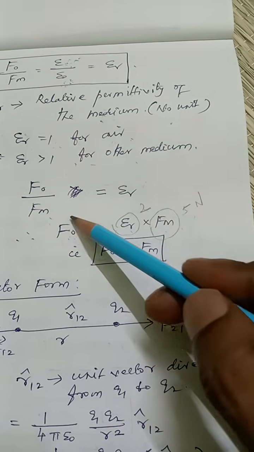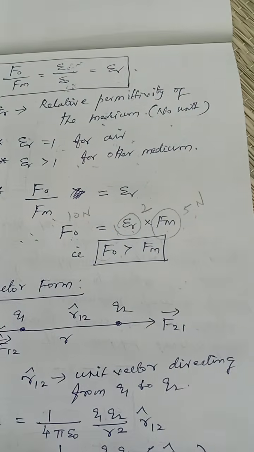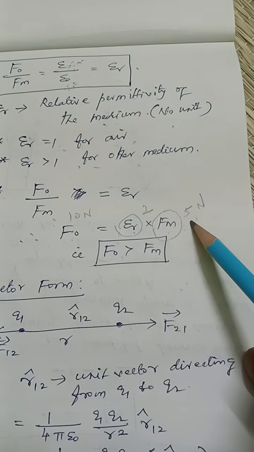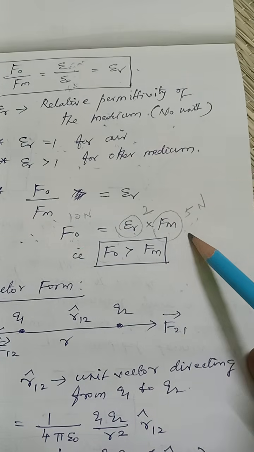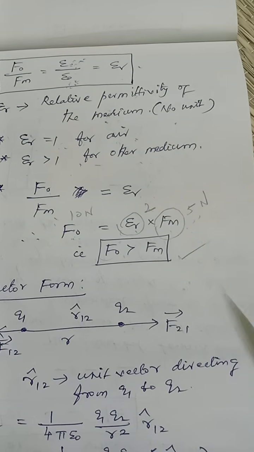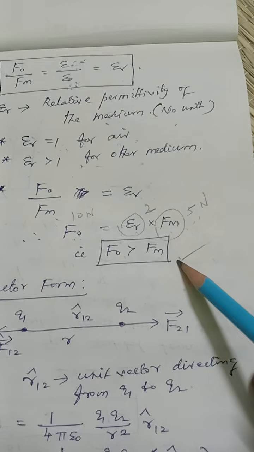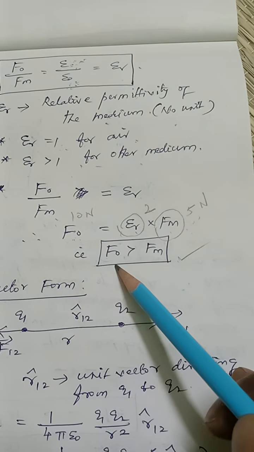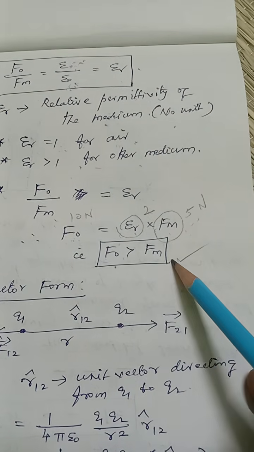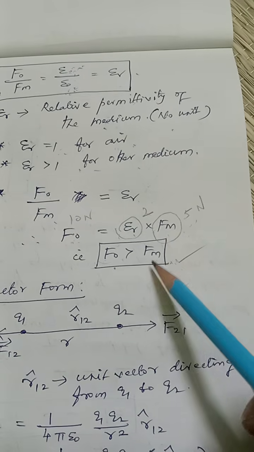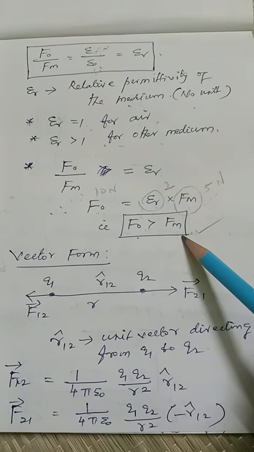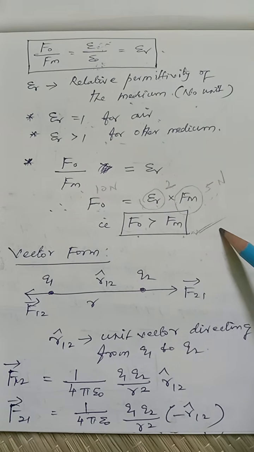It will be 10 Newton. So F naught is 10 Newton, F m is 5 Newton. So always F naught is greater than F m. That is a very important point. That is, the force between two charges in vacuum or free space is always greater than the force between the same two charges with the same separation in a medium. This is a very important conclusion.